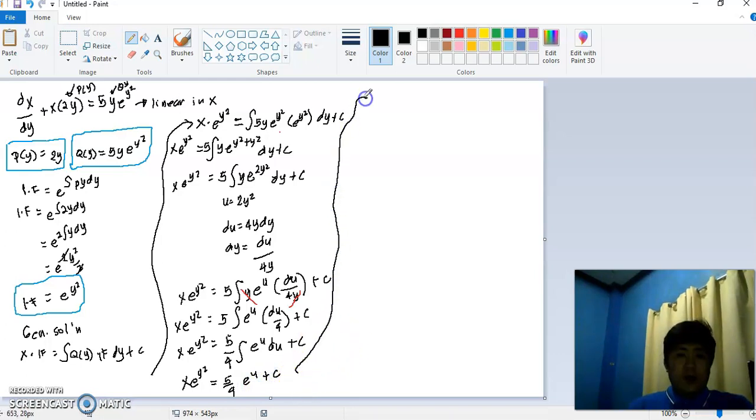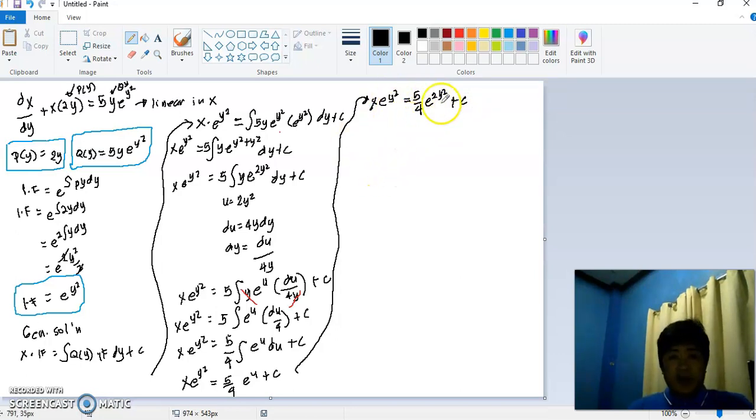Let's continue up here. So we have x e to the y squared equals 5 over 4 e to the u, where u is 2y squared, plus c.